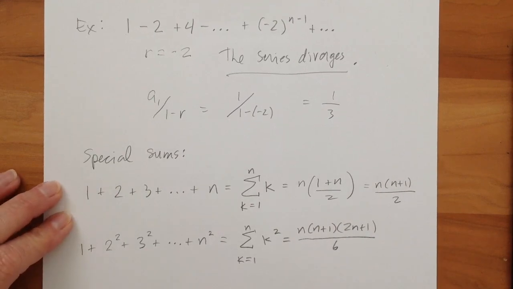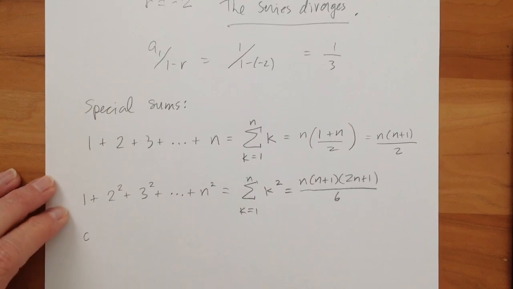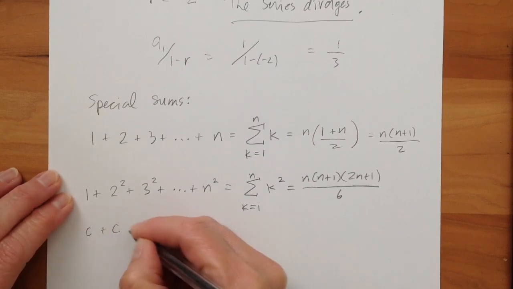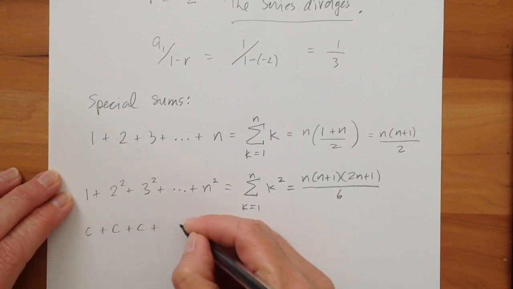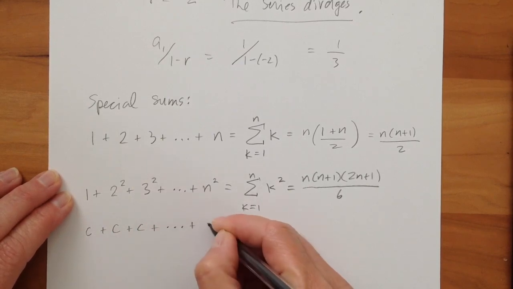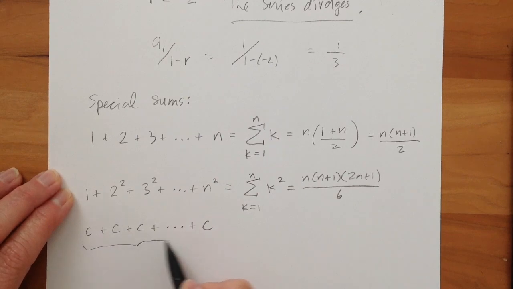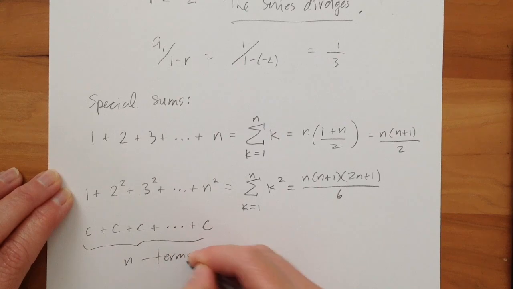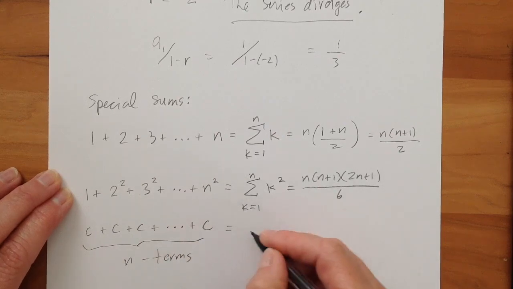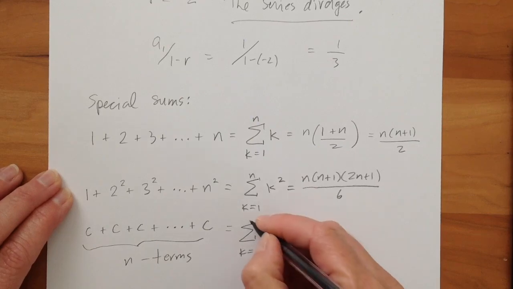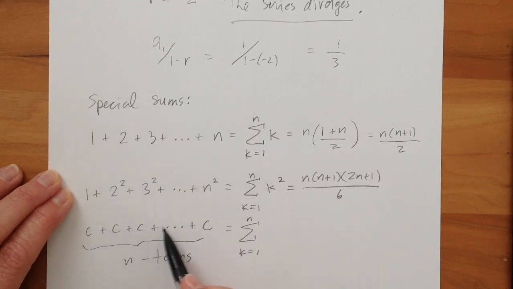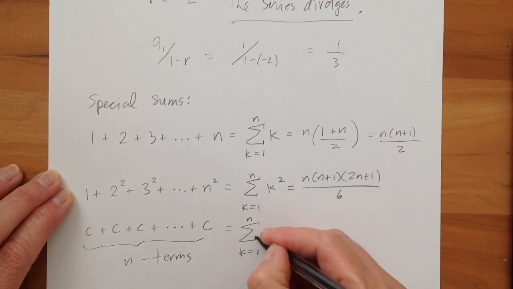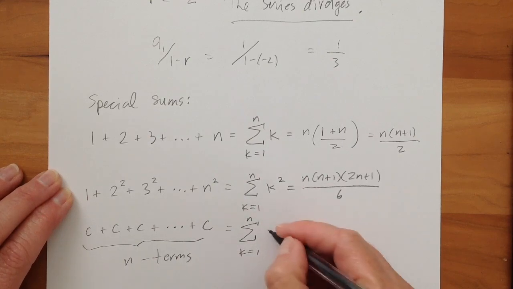If I have some constant, c, and I add it to itself n times, in summation notation that is k equals 1 to n, because we have n terms, but every term is exactly the same.